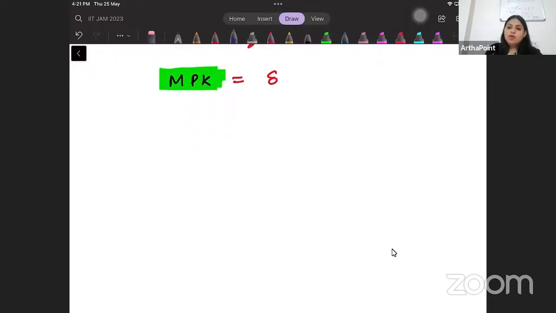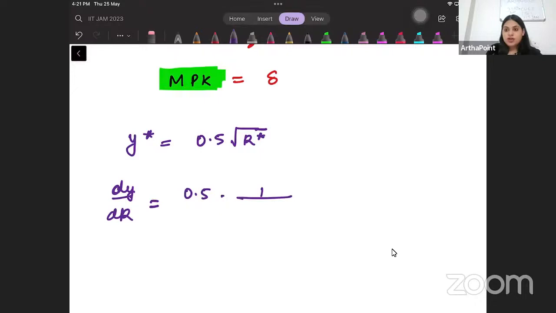So if you look at part 1, we had found out that Y star is 0.5 root K star. So how will output change when K changes? Just differentiate this with respect to K. You will get 1 by 2 root K star, right?